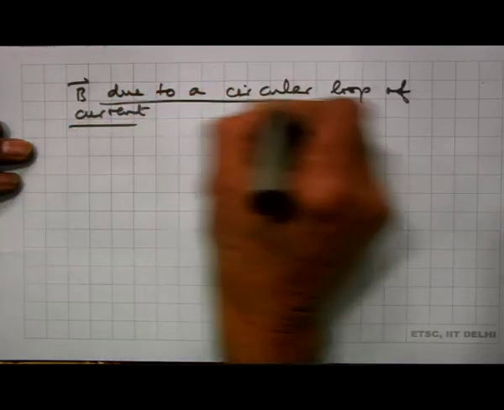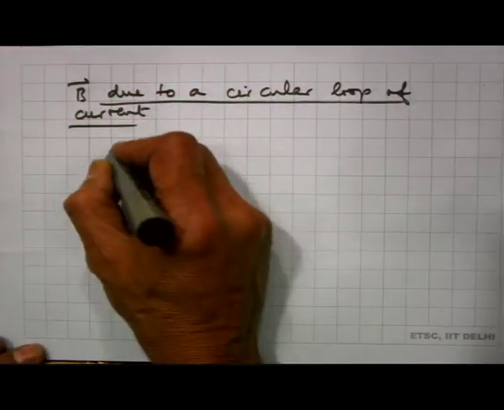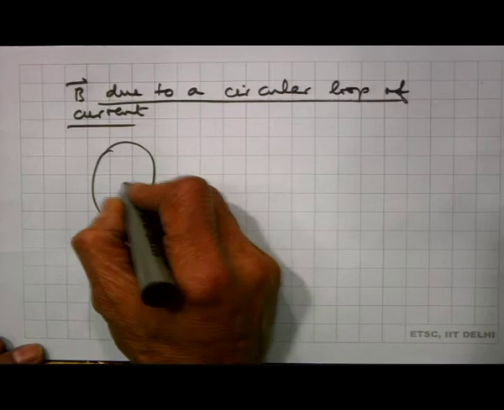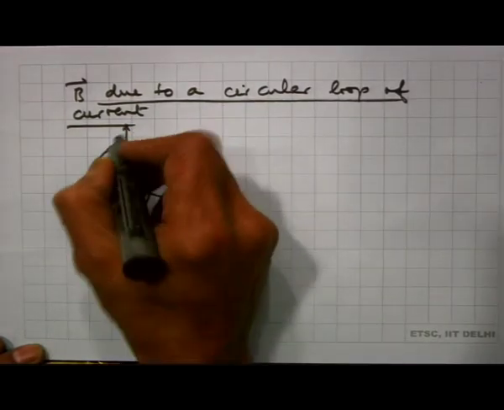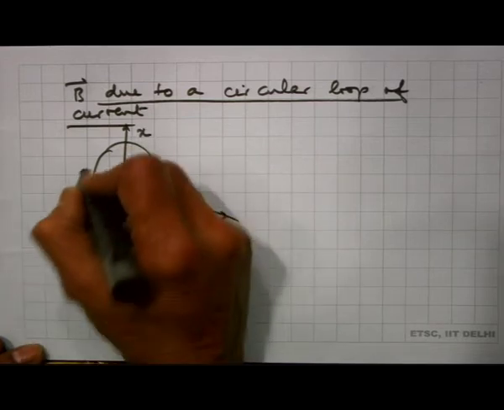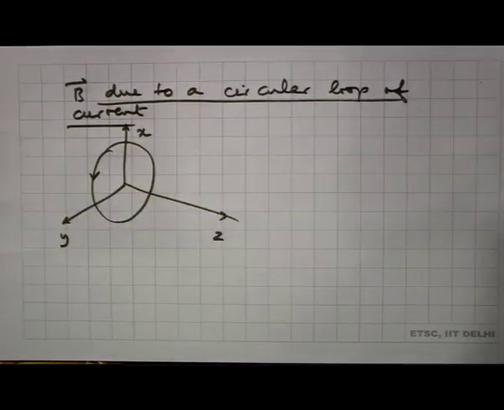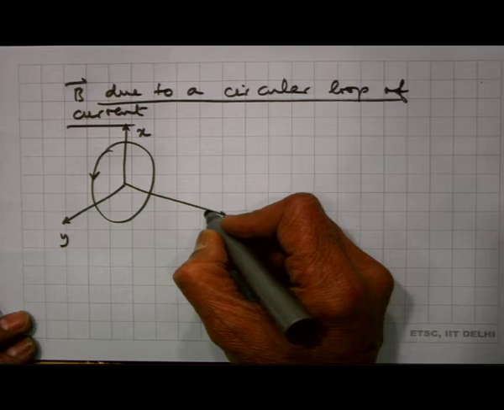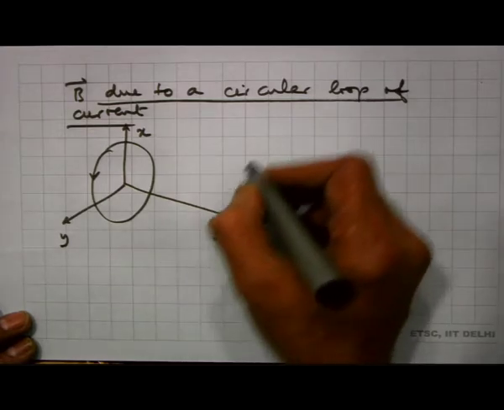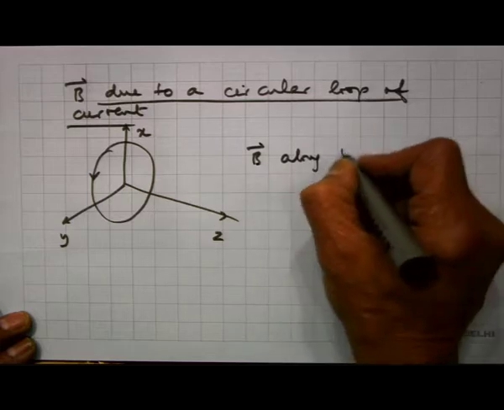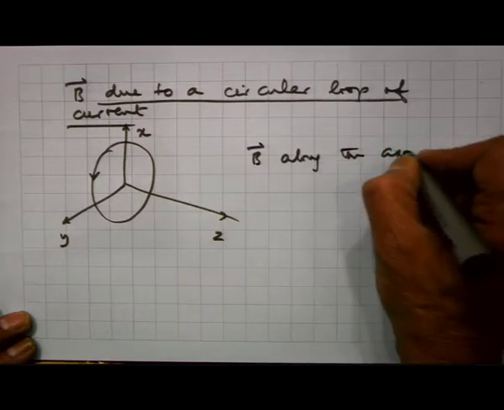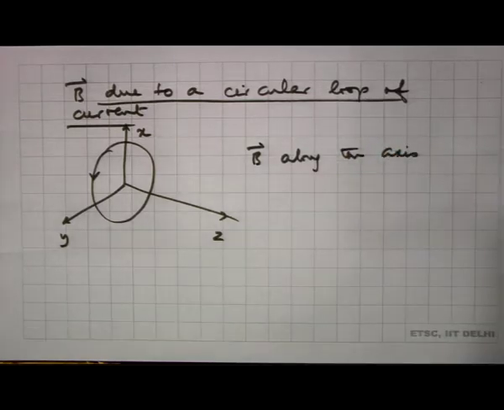Let me recall, we had taken a loop like this. I can call this z, this is x, this is y, and let me assume a current is flowing like this. We try to calculate the magnetic field along the axis, and we can get an analytical expression for the magnetic field along the axis by using the Biot-Savart law.